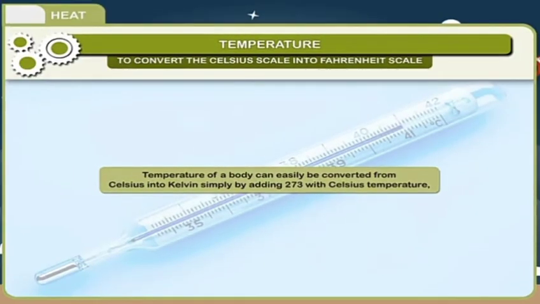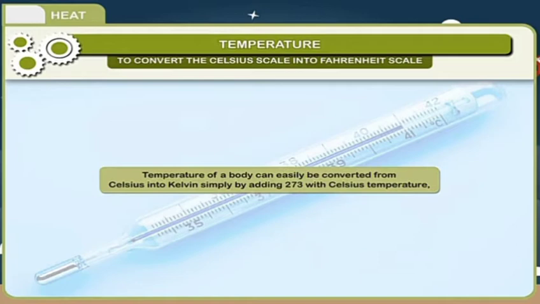Temperature of a body can be easily converted from Celsius into Kelvin simply by adding 273 to the Celsius temperature. So whenever we want to convert Celsius to Kelvin, we will simply add 273 to the Celsius temperature and we will get the Kelvin temperature. Why?